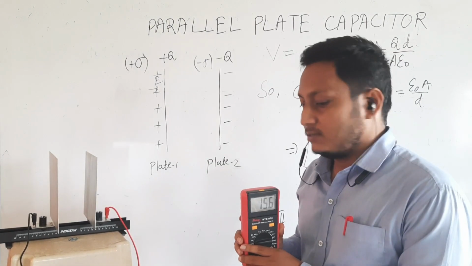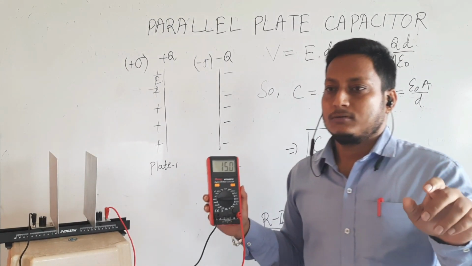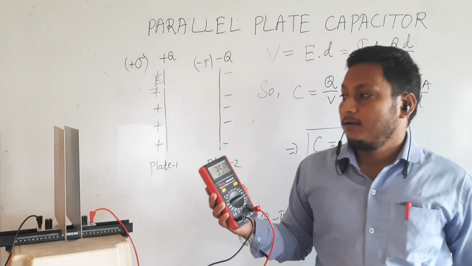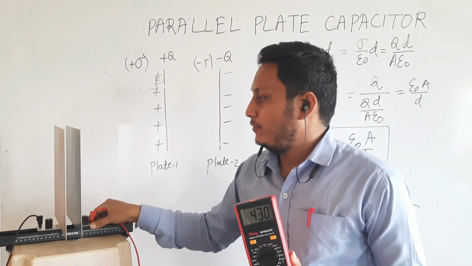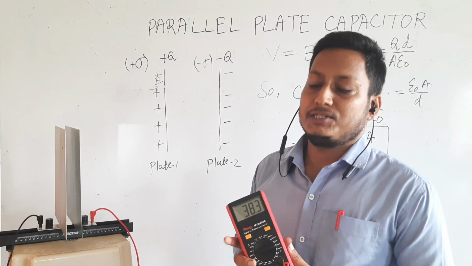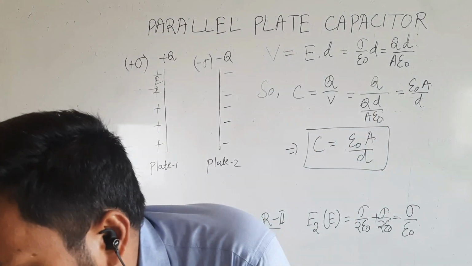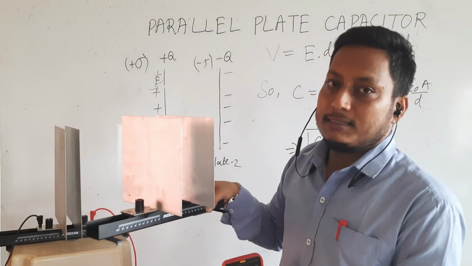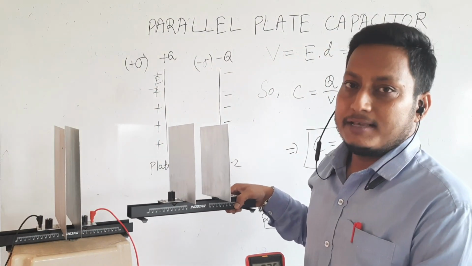In a similar way, watch. Now, students, I have replaced the capacitor with a larger one. That means the area is changed. In the previous one I had a smaller capacitor; here the area is bigger.